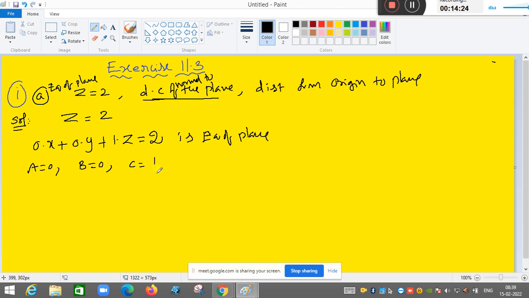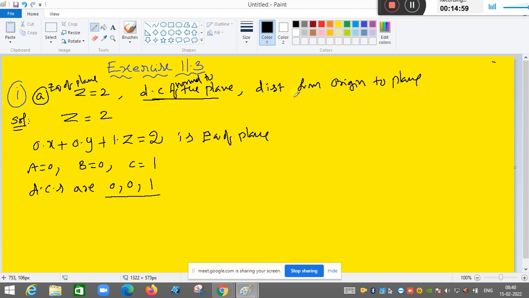These are direction ratios, and also direction cosines, because this square plus this square plus this square equals 1. So these are direction cosines: 0, 0, 1.